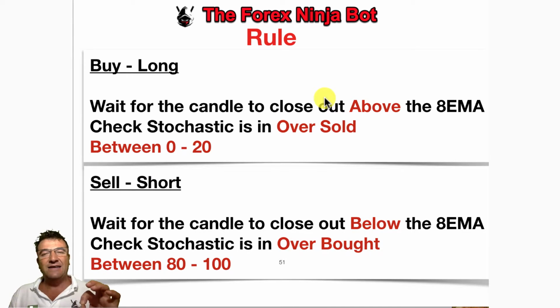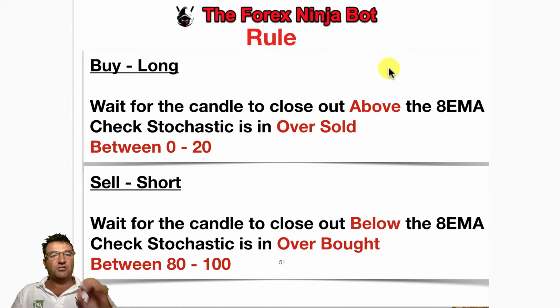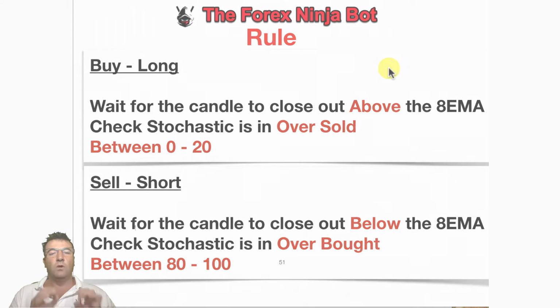Very, very simple to understand. It's a fabulous strategy that works about 80 to 90% of the time, and you will get the full benefit of the trend, and you will make massive profits using this strategy. This strategy works on all time frames, on all currencies, on all indices, shares, futures and options, anything to do with trading. This strategy will work.